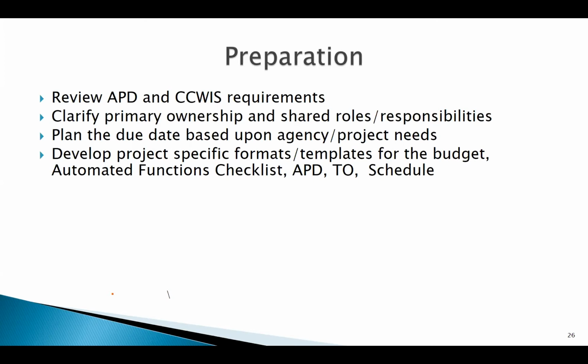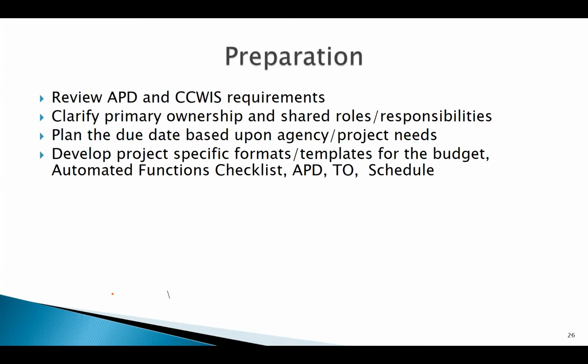result in the best product, and when am I going to have all the information that I need for my APD. So typically, your budget needs to run for a 12-month period. But we do encourage you to think about what 12-month period makes the most sense for you. So you should consider when your state budget process is done. It's very helpful to know how much state money you have for the project before you need to do your APD.